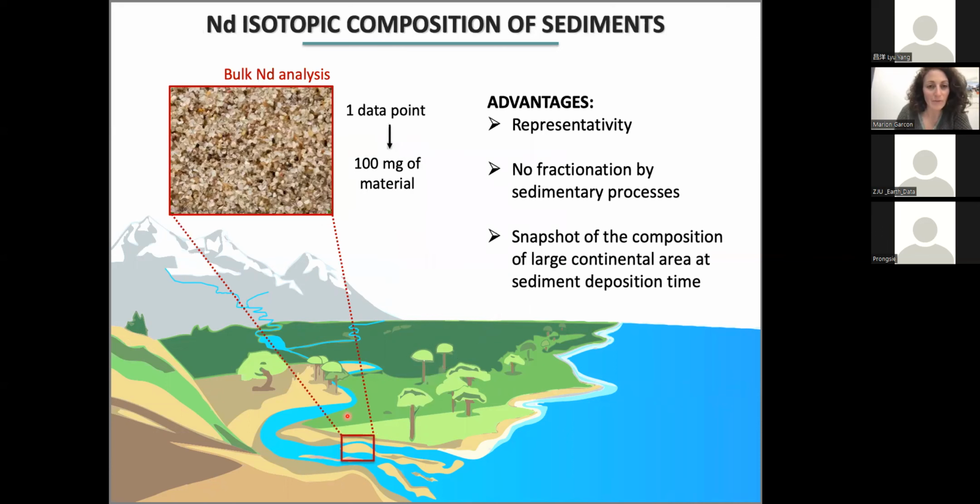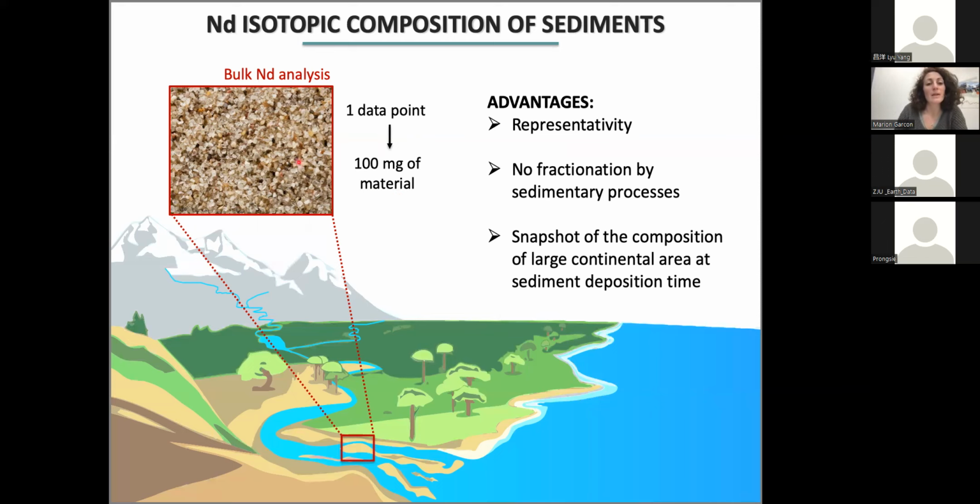The advantage of using neodymium isotopic composition, which is what I used in this study, is that these are bulk analyses. So it means that you're taking a sediment from one sampling location and taking all the grains in that. This is about 100 milligrams of material, meaning 1,000,000 times more material than what you're probing with the in situ analysis in zircons.